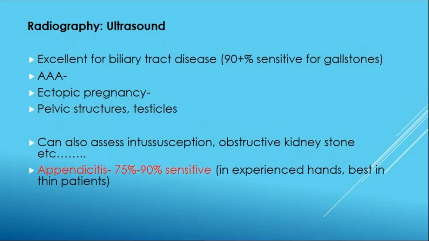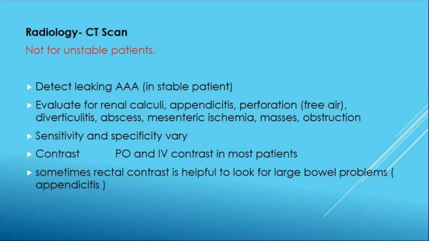If you want to exclude the gynecological things, go for an ultrasound scan. Otherwise, you don't have to do the ultrasound scan for each and every patient when you suspect appendicitis, right? Because sensitivity is not there. The CT scan we can do depending on the patient condition after the basic investigation, but this is not for the bad patient.